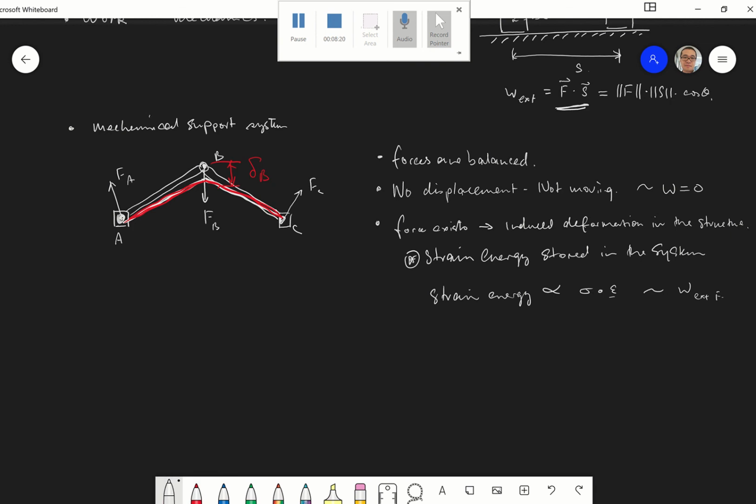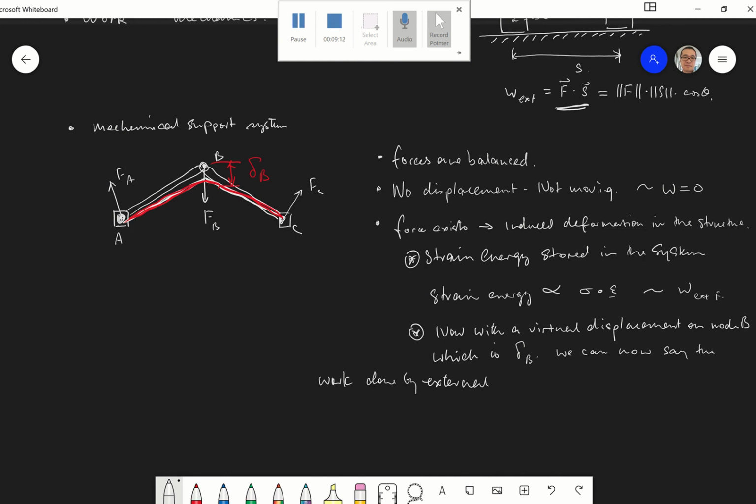So we can say, with a virtual displacement on node B, which is delta B, the external work, or work done by external forces.